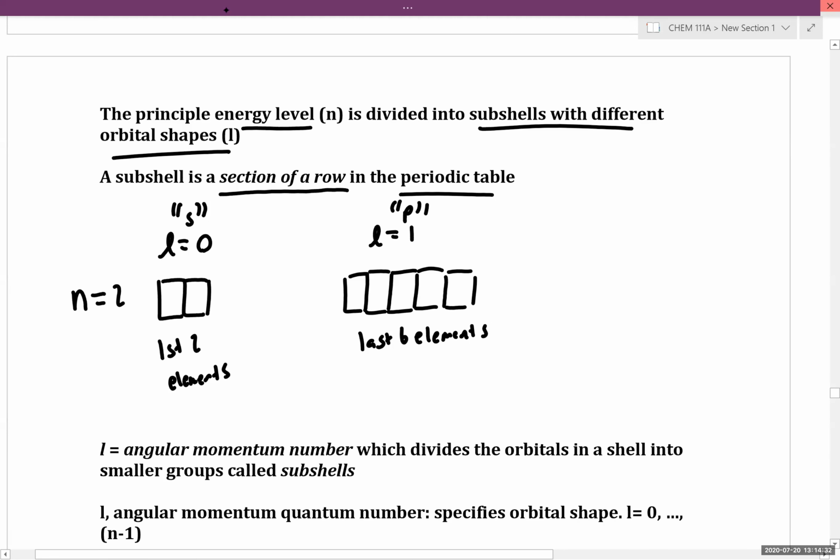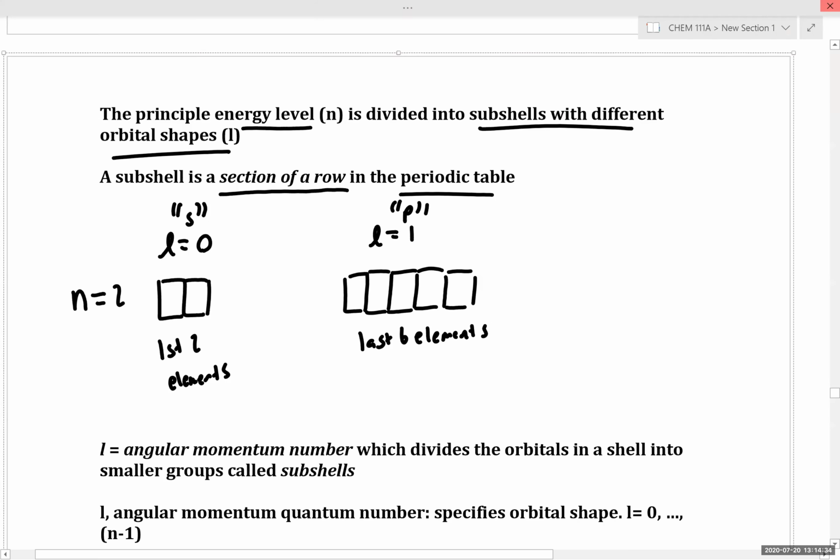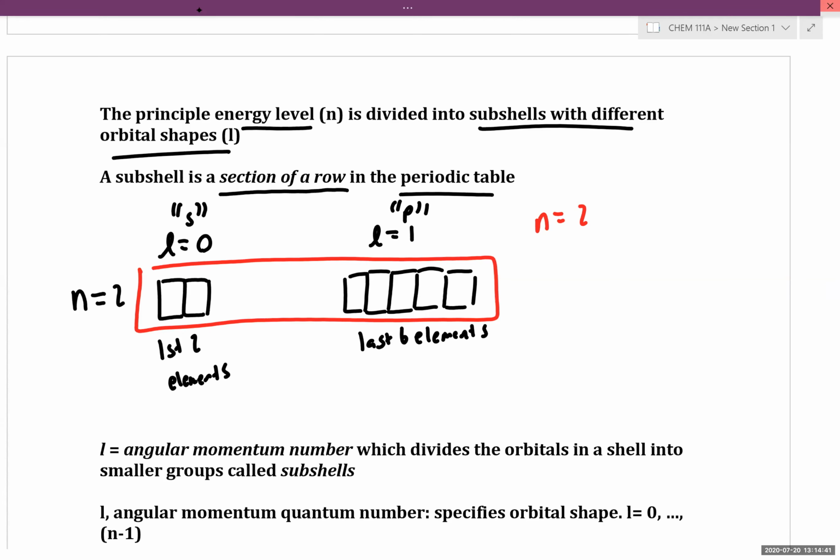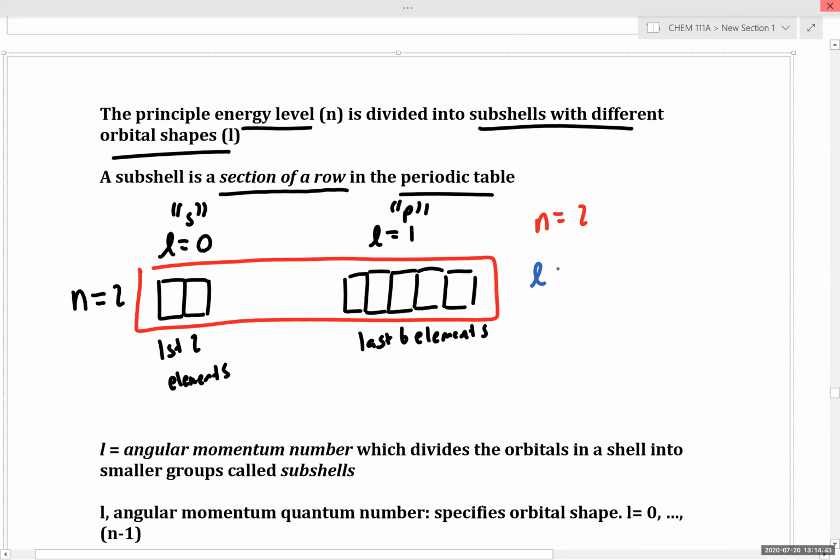So in a shell, we have two discrete subshells. That's because for n equals 2, we're permitted to have l values from n minus 1 down to 0. In this case, we have l equals 1 and l equals 0 as our two subshells.